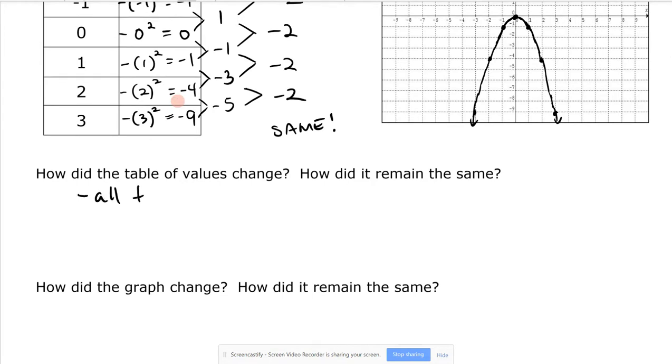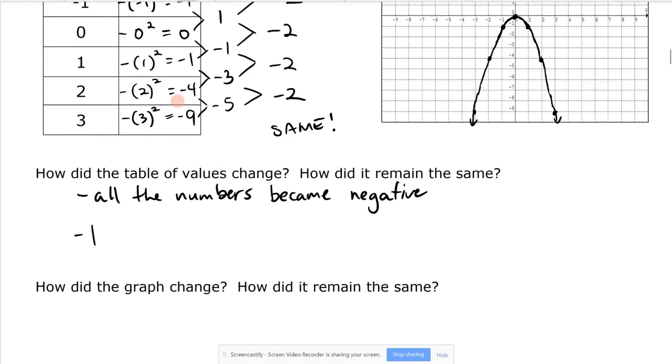All the numbers became negative. The number values stayed the same.